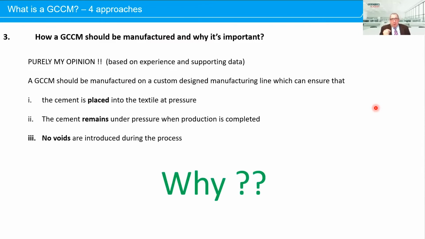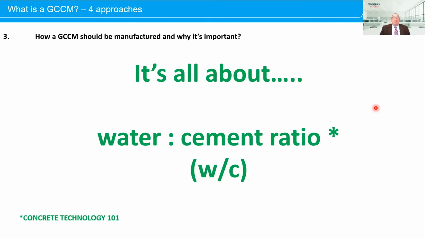Why is this important? It's important because a GCCM, having a cementitious component, is all about the concrete strength, which is all about the water cement ratio inside the GCCM, known as the WC ratio, which all engineers would have come across in Concrete Technology 101. The strength of cement is based on the water cement ratio.